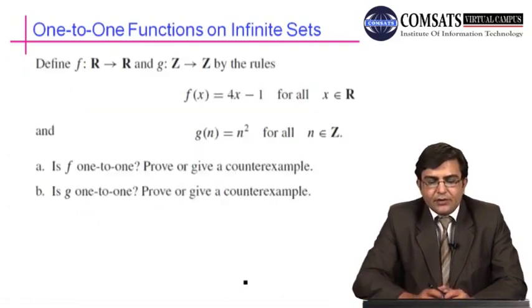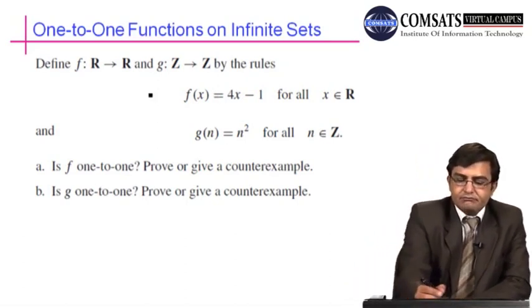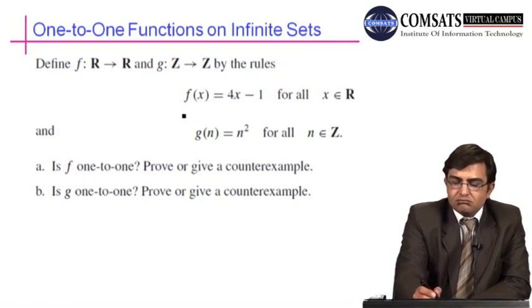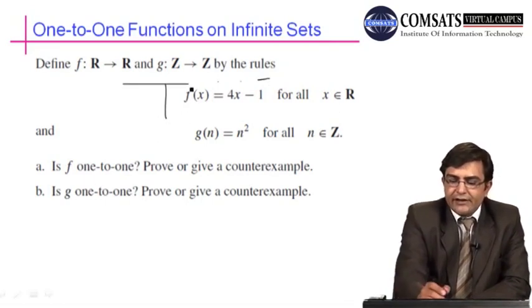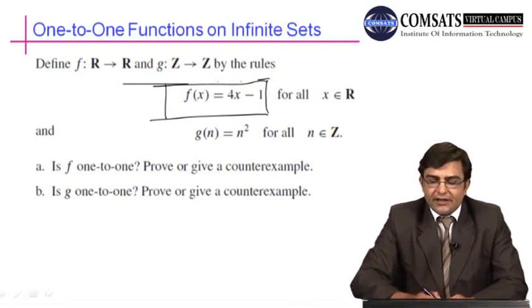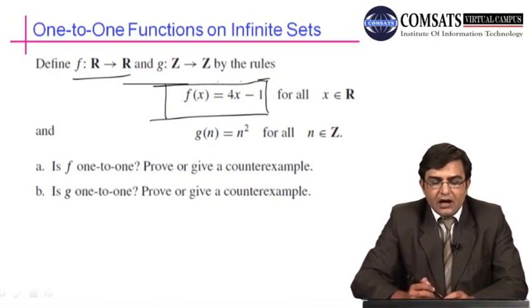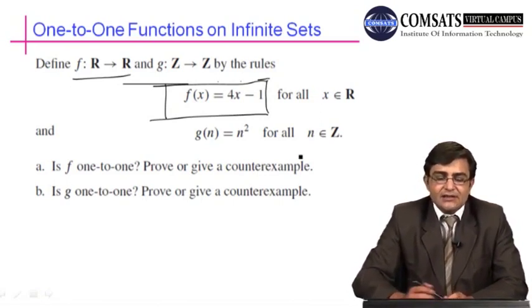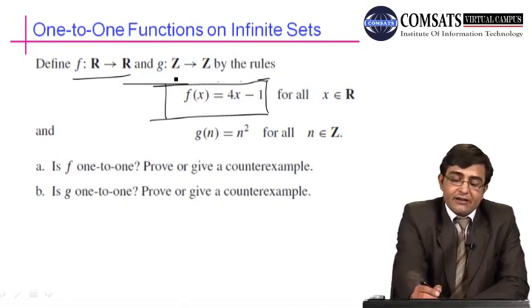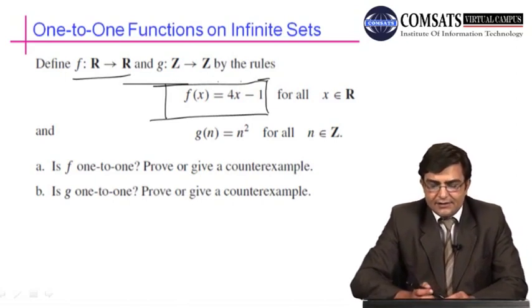Now an example of functions which are defined on infinite sets. The first example is this function. f of x is defined as f of x equal to 4x minus 1, where f is a function from R to R, where R is the set of real numbers. And g is a function which is defined from Z to Z, where Z is the set of integers.